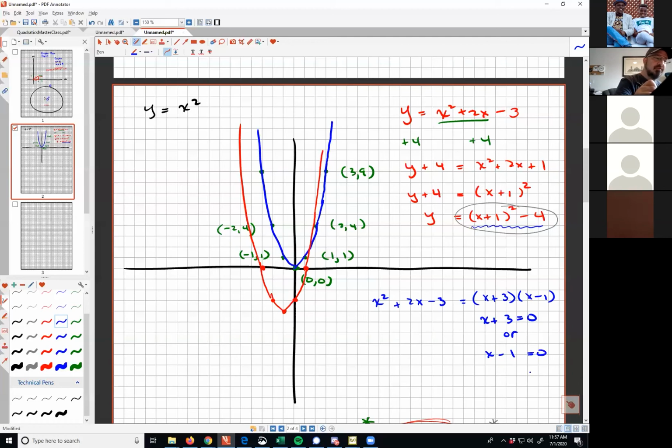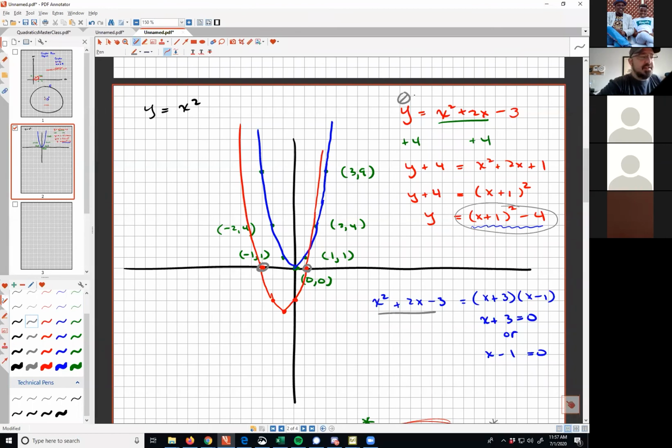Those are the places where the parabola, that is the image of this quadratic, touches the x-axis. That's where y equals 0. When y equals 0, we're just finding the solutions to that quadratic equation. And we get those intercepts.